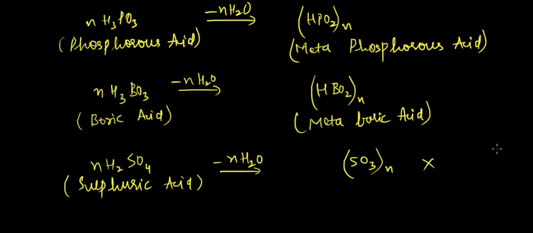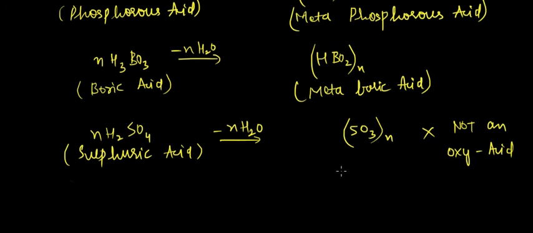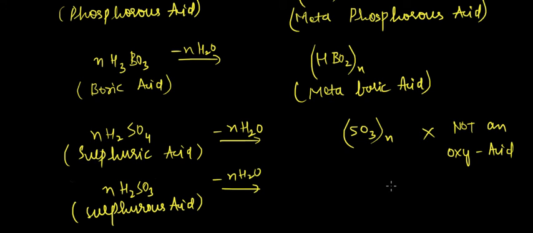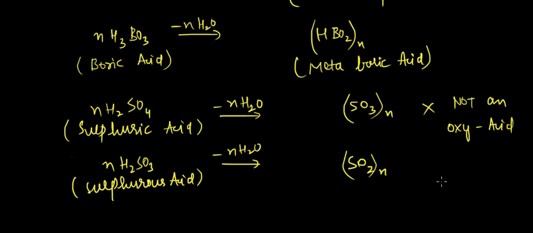In this case, it is not an oxy acid. Hence, meta form of sulfuric acid does not exist. Similarly, if we have H2SO3, which is sulfurous acid, and again we remove nH2O from the same, we get (SO2)n. Again, it is not an oxy acid, hence meta form of sulfurous acid also does not exist.